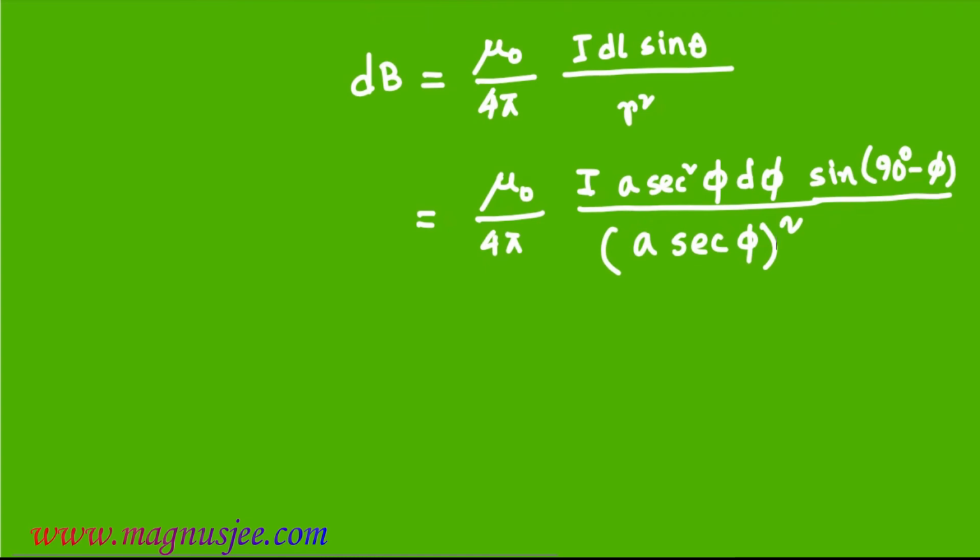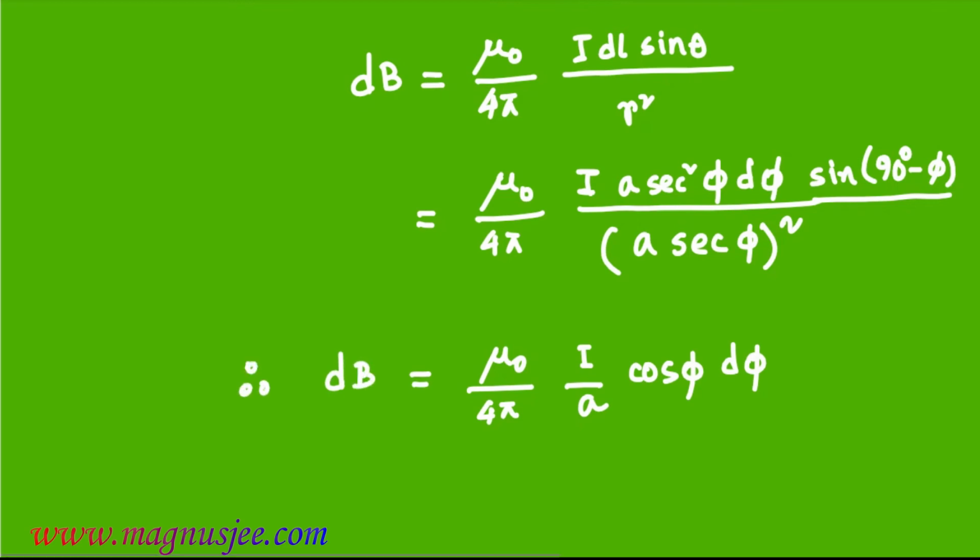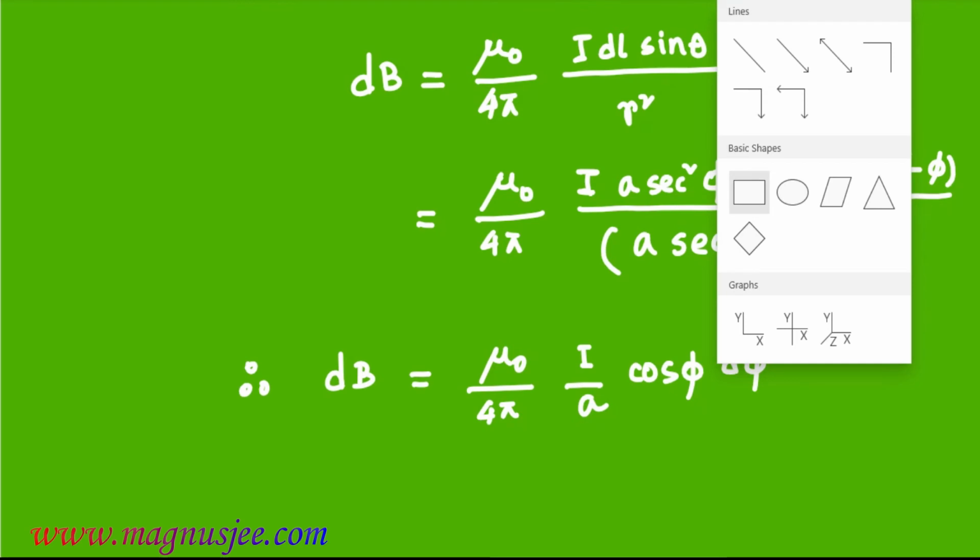Therefore dB equal mu 0 by 4 pi I by A, current by perpendicular distance, cos φ dφ.